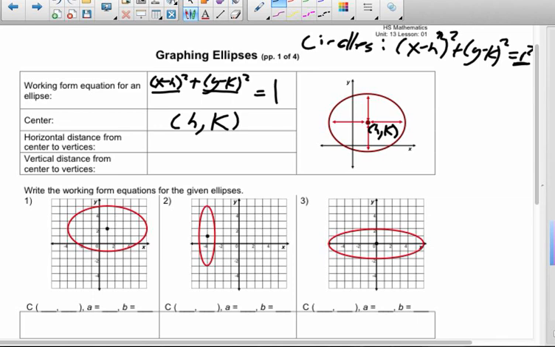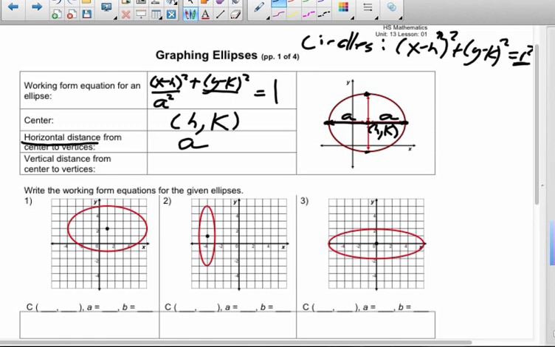Okay. Now the vertices are these points right here, coming off of our center. So let's look for the horizontal distance from the center out to the vertex, and that's going to be what we call A. So that is A. And what we do is we divide by A squared.